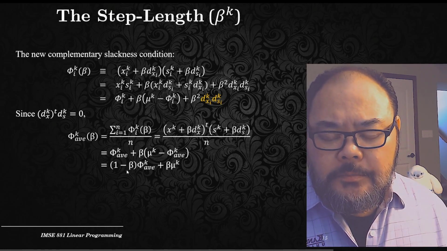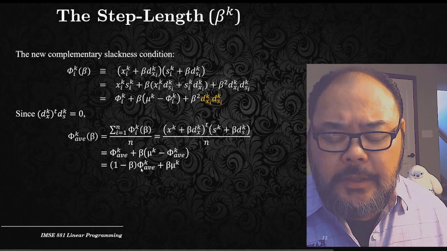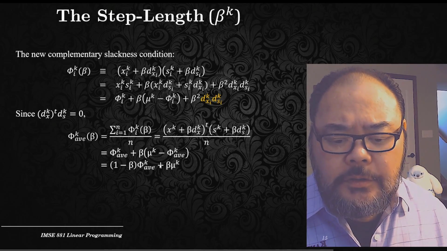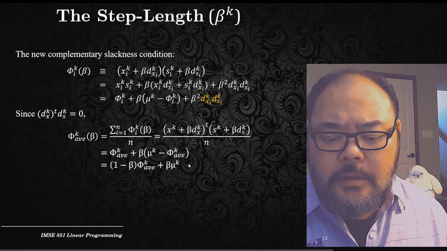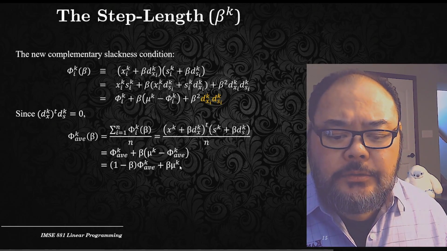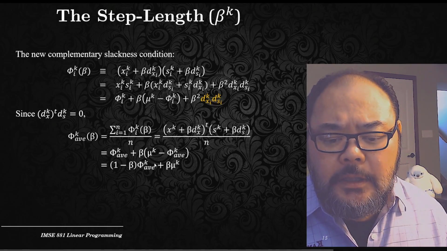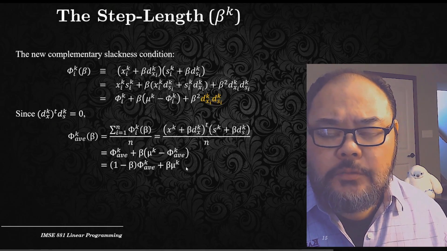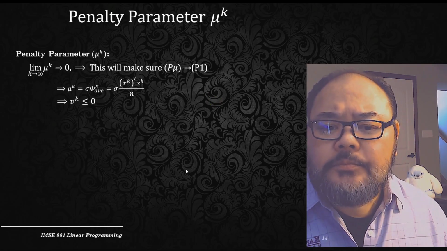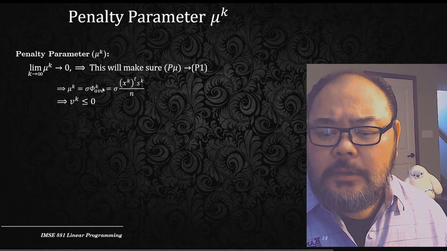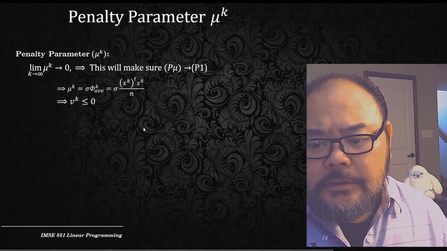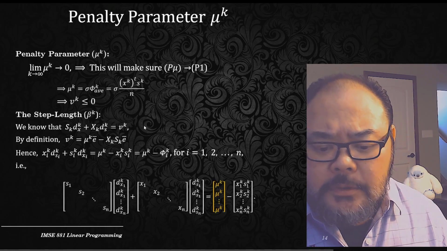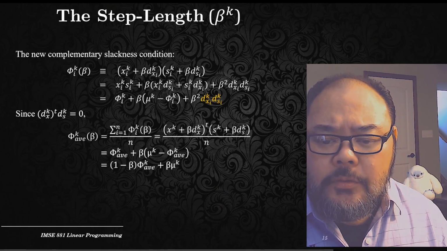So we end up with 1 minus beta times the previous average, plus beta times mu k. And mu k equals sigma times this average, as we talked about before. So this is fairly straightforward.